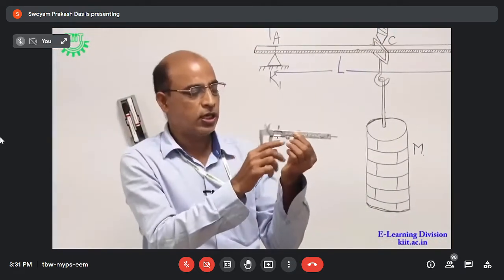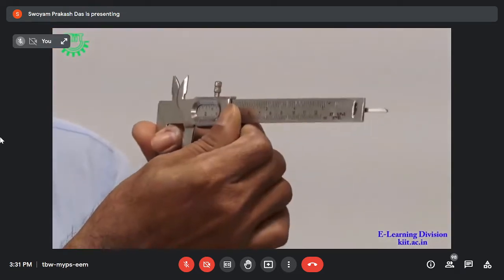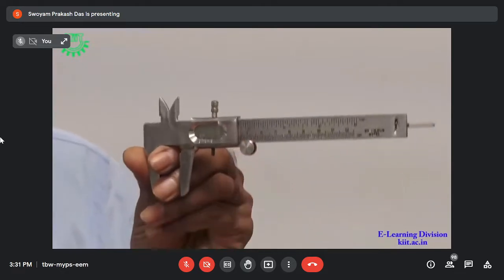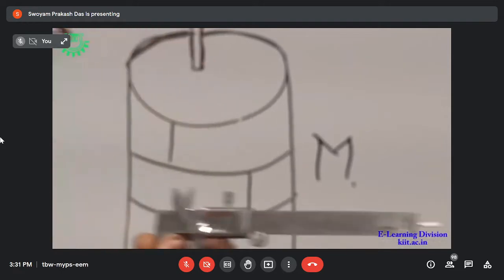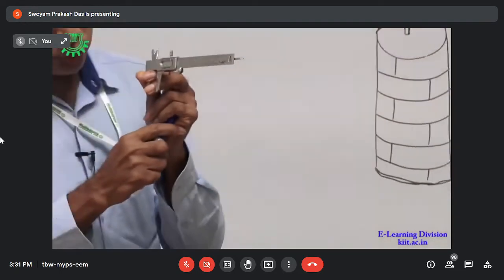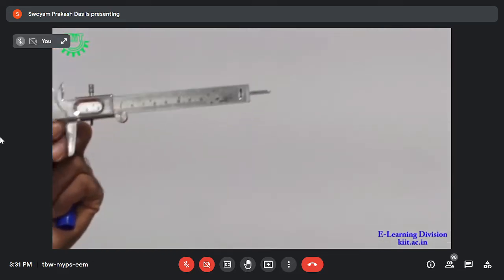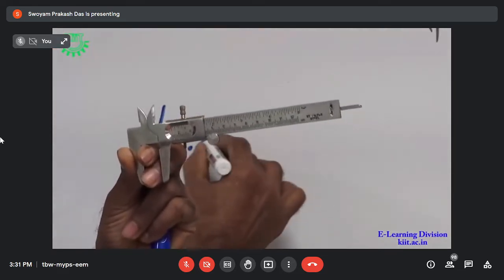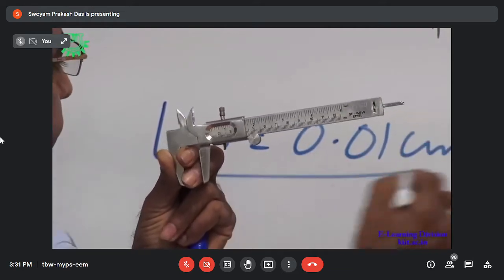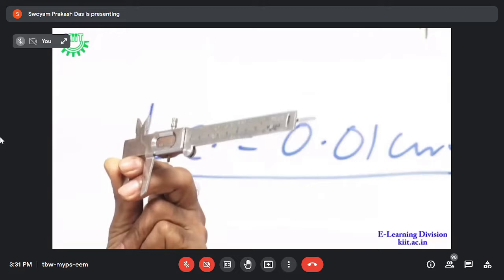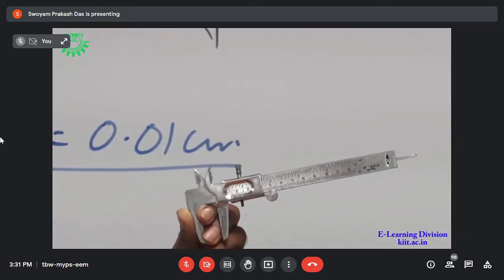So this is the vernier caliper, and we know the least count of this vernier caliper, we can say slide caliper, is 0.1 mm. Before we use it, its least count must be found out. So the least count is 0.01 centimeter. With this, we will find the breadth and thickness.